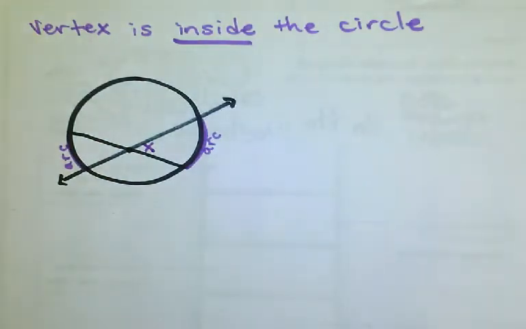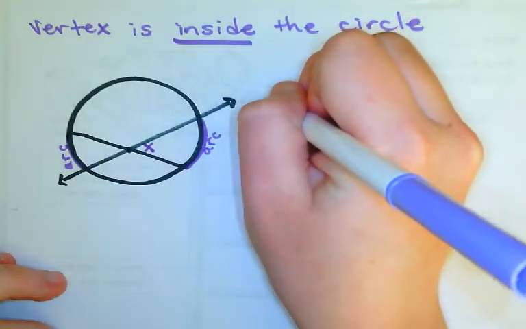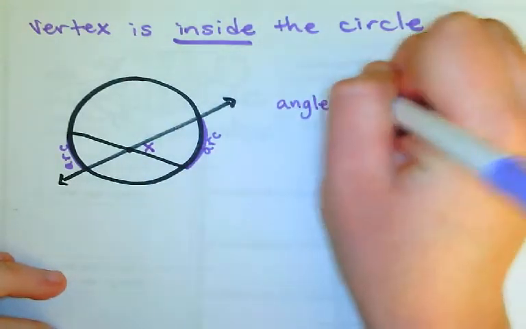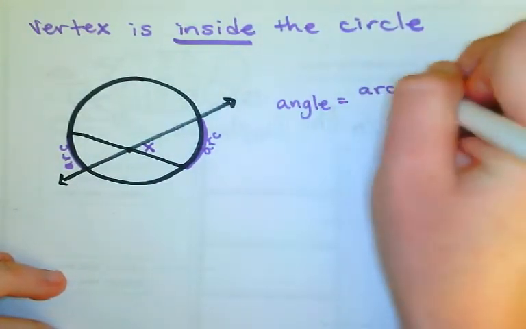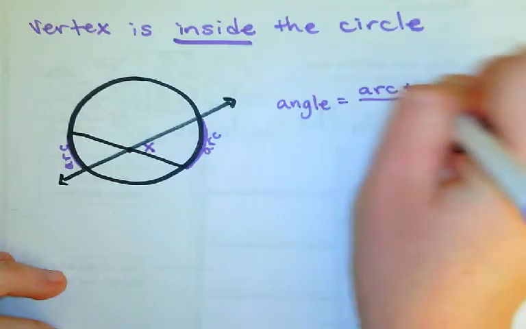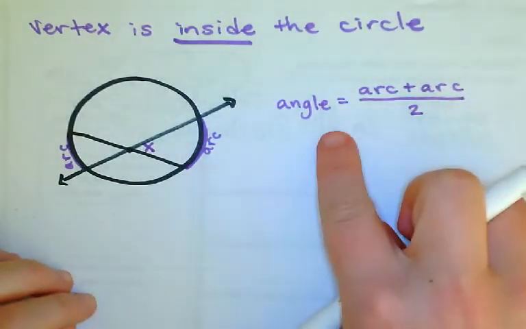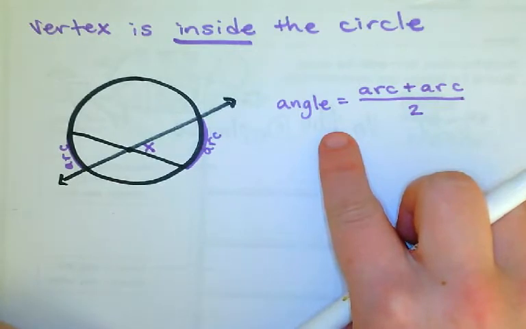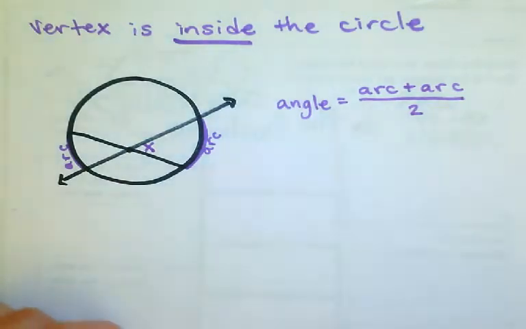So our relationship is always going to be angle equals arc plus arc divided by 2. All you're doing is you're averaging the arcs to find your angle. Okay? So let's take a look at a couple examples.